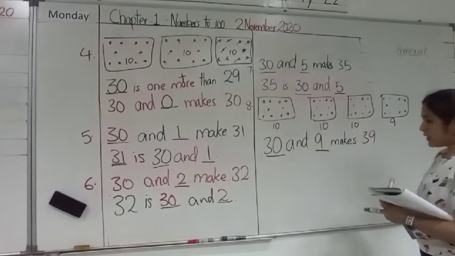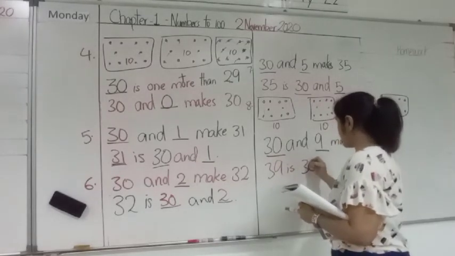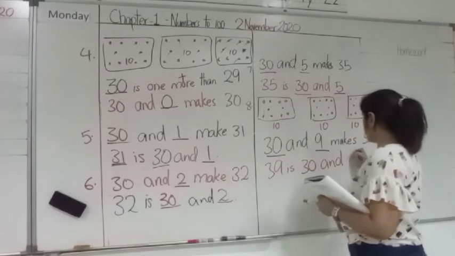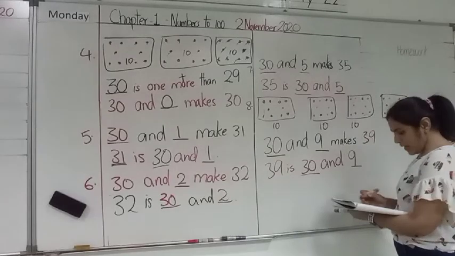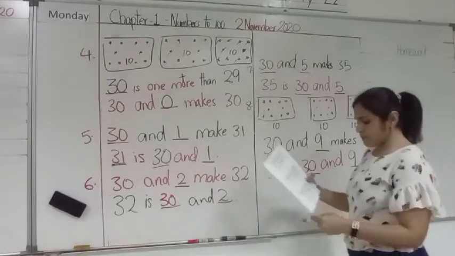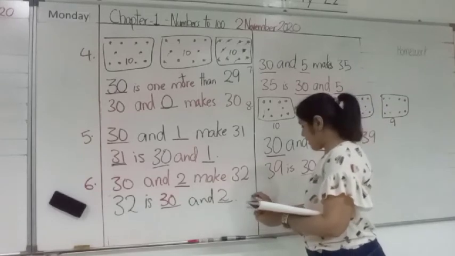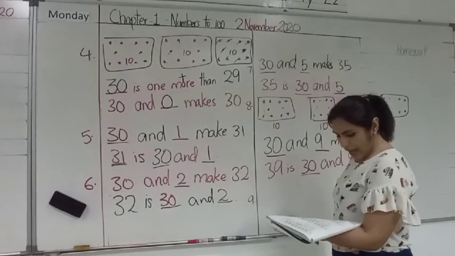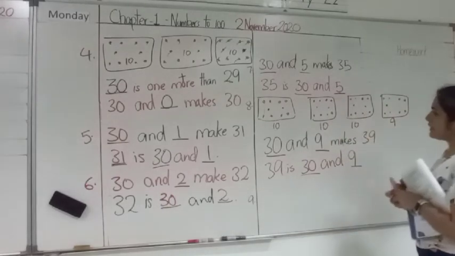Okay, now 39 is made with 3 tens, that is 30, and single number 9. 9 ones, okay. Last question, number 9. What is the 9th question they are asking you? Dash is 1 more than 39.